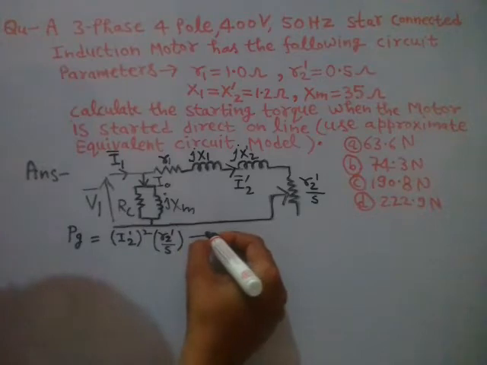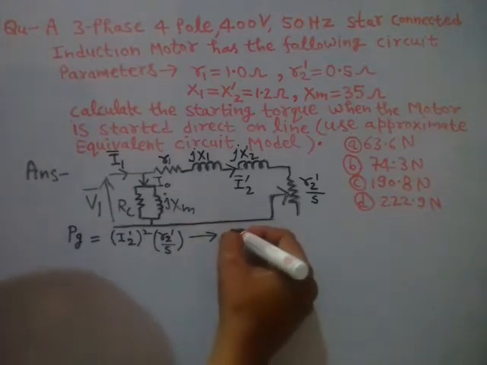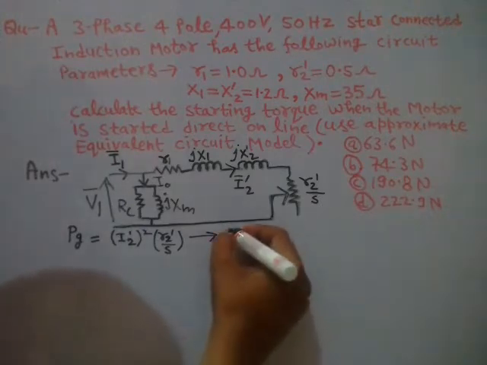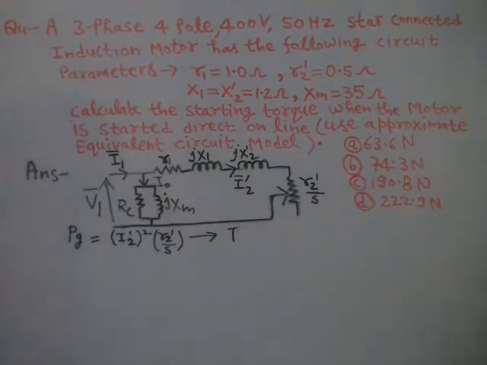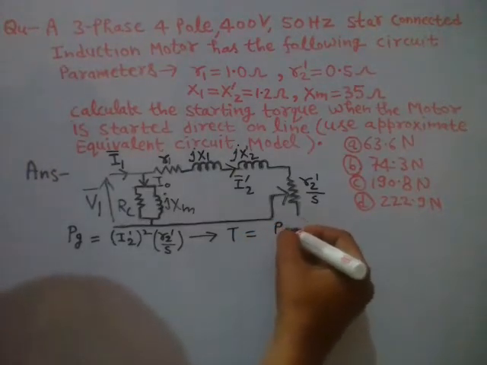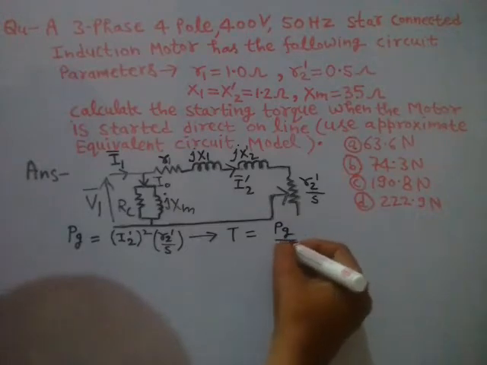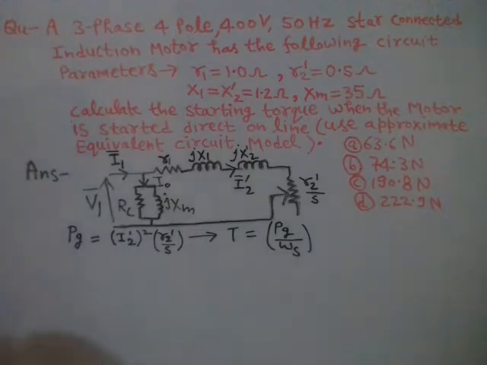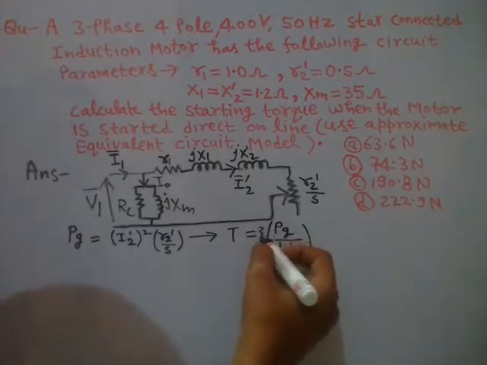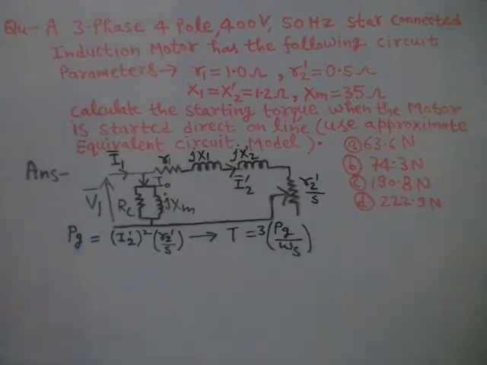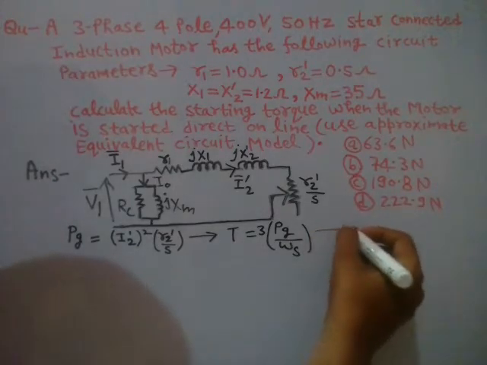From this air gap power you can calculate the torque, that is PG by omega S. For a three phase motor you multiply it by 3, so 3 times PG by omega S. This is the expression of the torque.